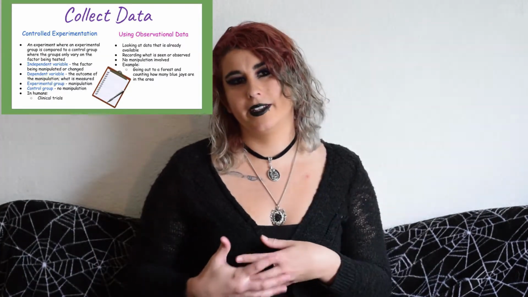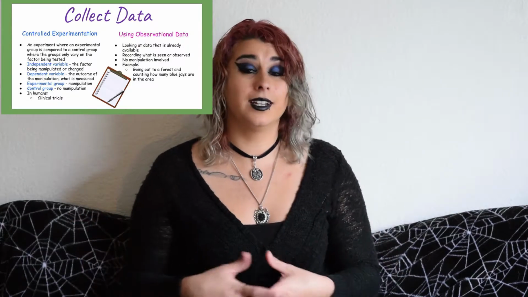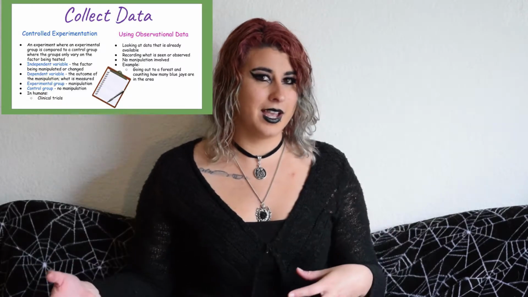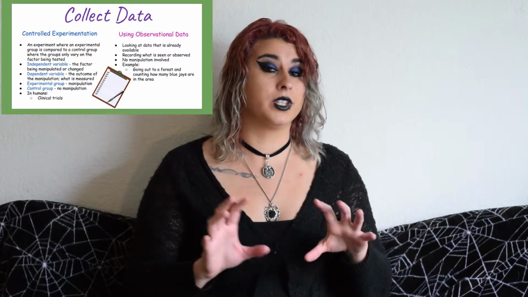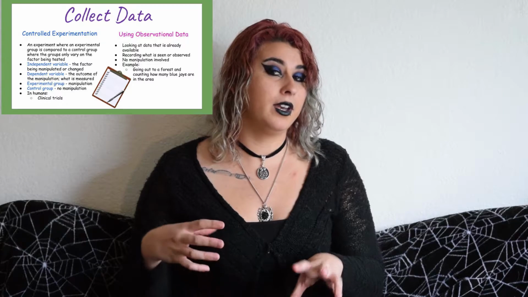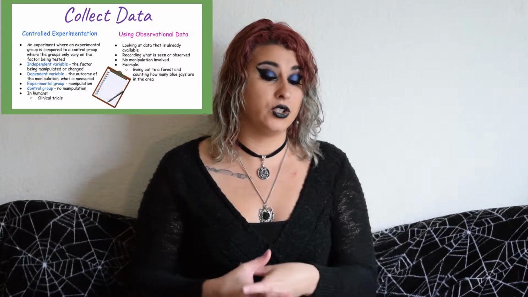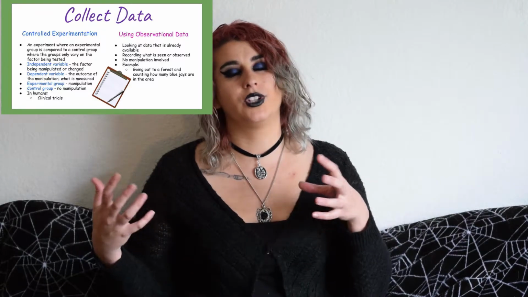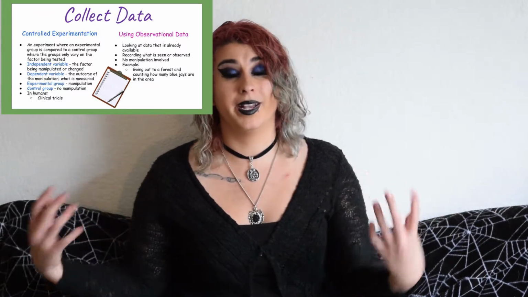Now, once a hypothesis is formed and predictions are made, any researcher or scientist is going to need to collect data. And this is done in two main ways. Now, I would like to note that these are not the only ways to go out and collect data, but these are the two most basic ways that basically form the foundation of any other data collection method.